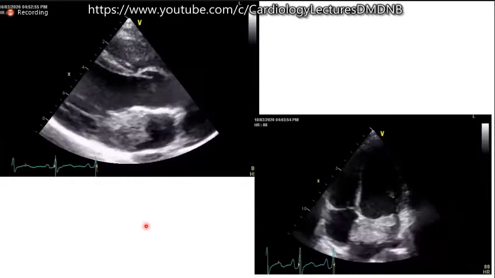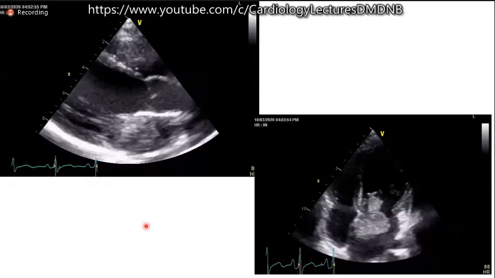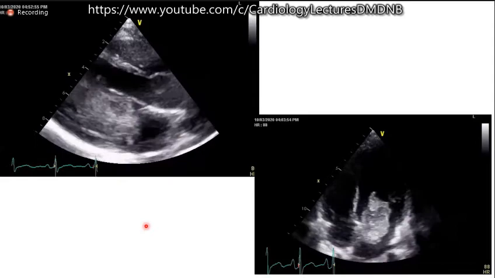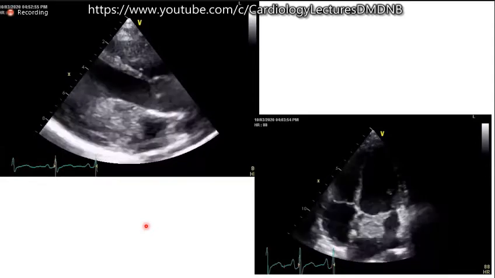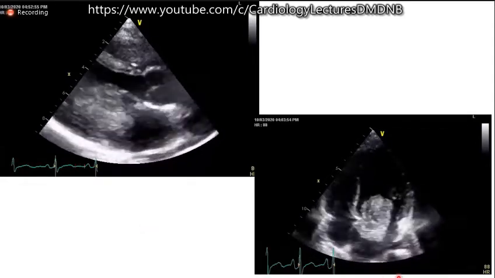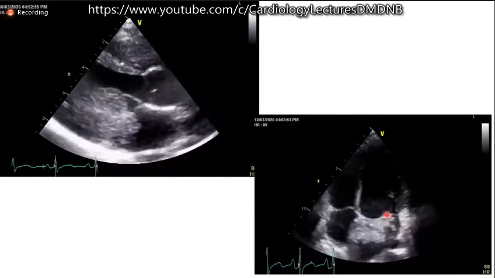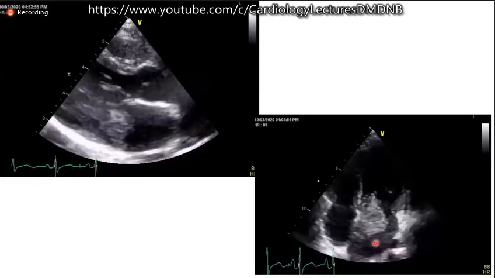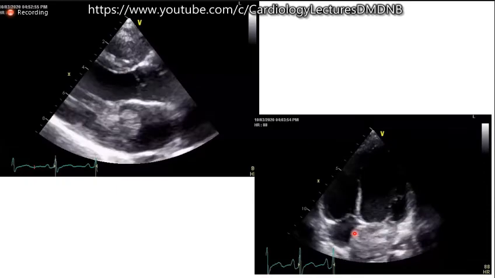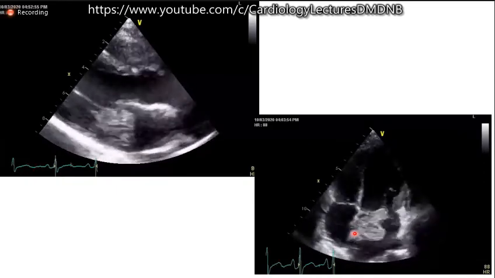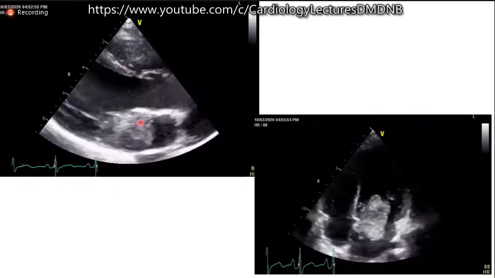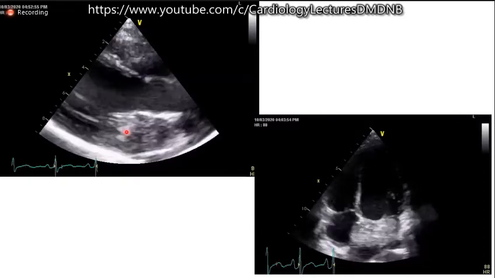So this is the M mode examination of the same patient which I showed you in the M mode slide. You can see that this is the left atrial myxoma. Here the friability of the left atrial myxoma is very clearly seen. It's quite friable. Then you can see that it is attached to the interatrial septum. You can also see certain areas of calcification where the density keeps changing.